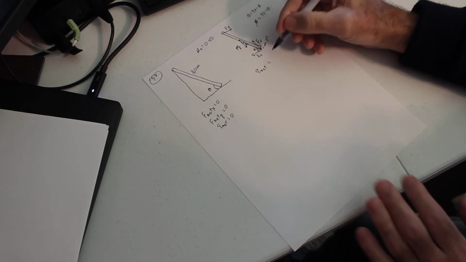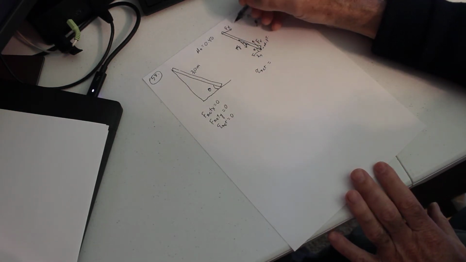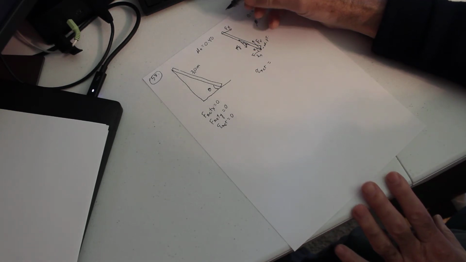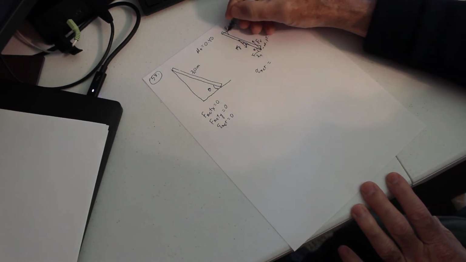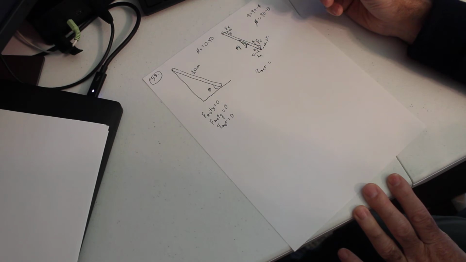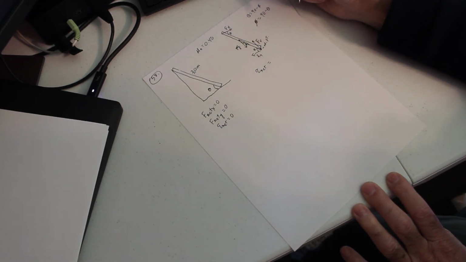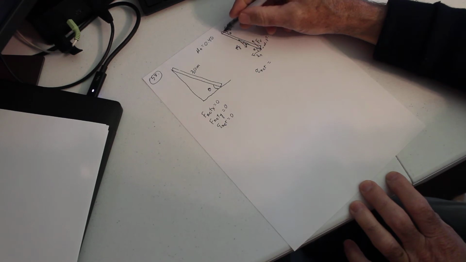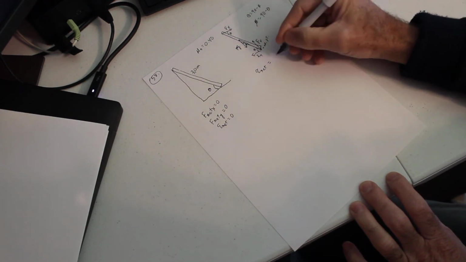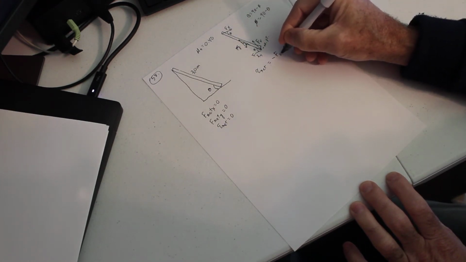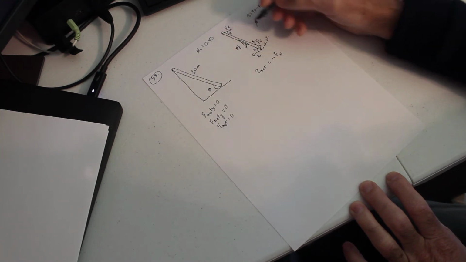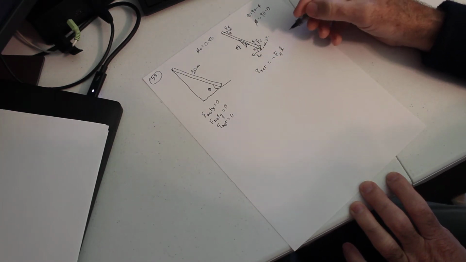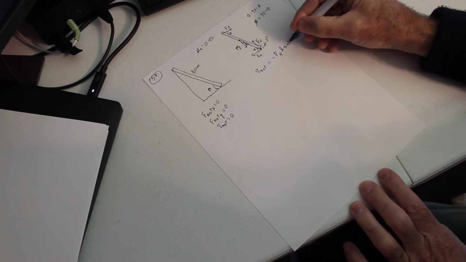Then we have torque from this force up here going this way. Notice this angle theta is the same as this angle theta up here because those are alternate interior angles of parallel lines. The force from the wall is trying to make it go clockwise, so this becomes minus the horizontal force times the distance, which we'll call L, times the sine of theta.